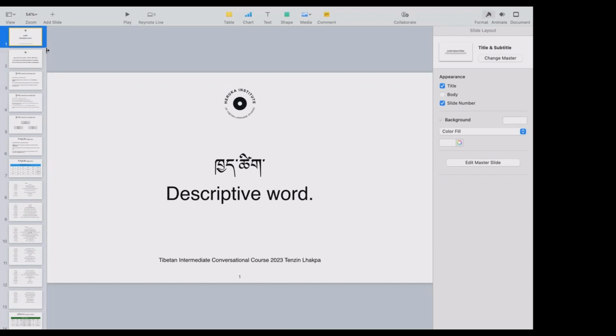If you search for the term descriptive word or adjective, you'll come across this term, Gensi, which is also in the Tibetan dictionary. Usually we use that particular term, Gensi.